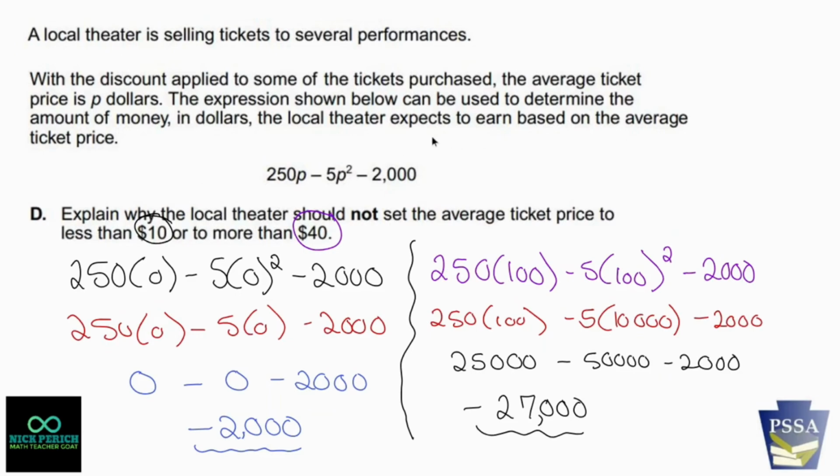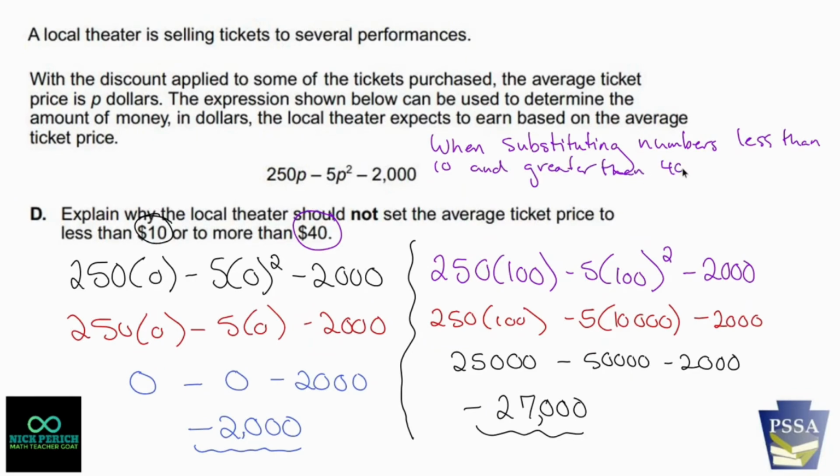So let's find a way to squeeze that up here because I really don't have a lot of space. Let's use words like substitute. When substituting numbers less than 10 and greater than 40, we get negatives.